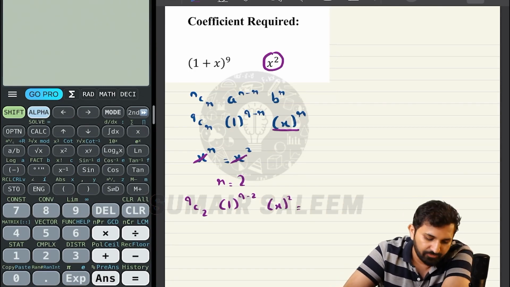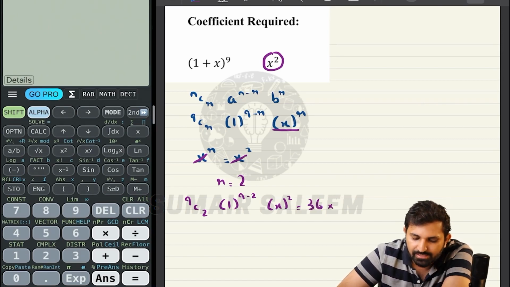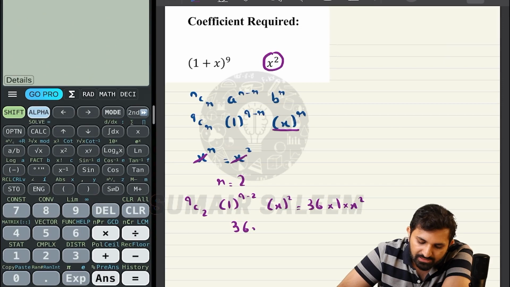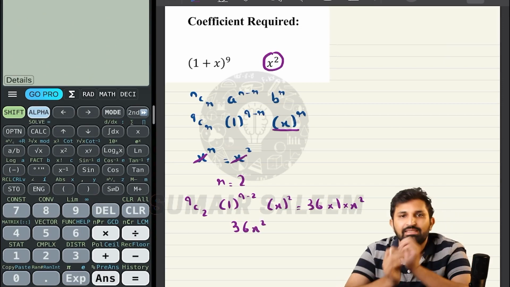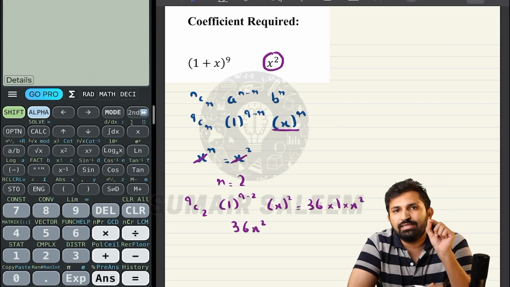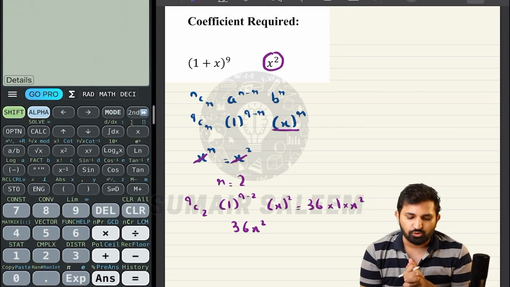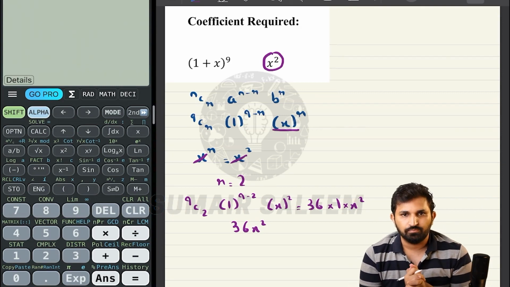So my answer will be 9C2, that's equivalent to 36 into 1 into x square. So if I notice, I'm going to get this as my answer, 36x square. So now in the final answer, you're going to write down the statement that the coefficient of x square is 36.